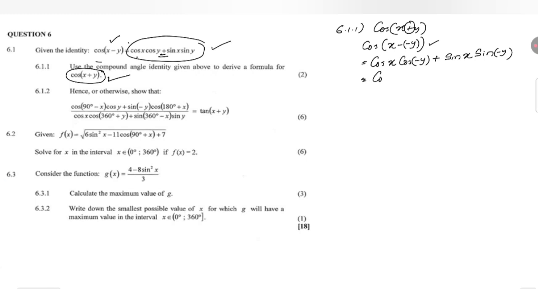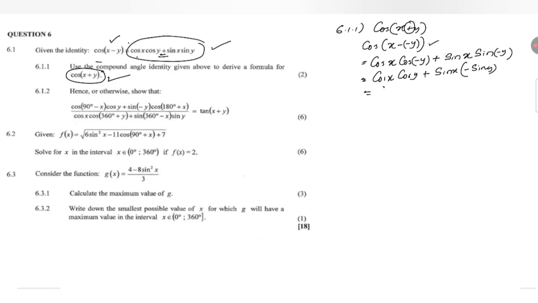That is cos x, then cos of a negative angle. What is that, guys? If cos is there, the negative sign will disappear. It's going to be cos y. Plus sin x, then sin of a negative angle: that negative will jump out. With sin and tan, the negative sign will come out. So it's going to be minus sin y, in brackets, because they are multiplied.